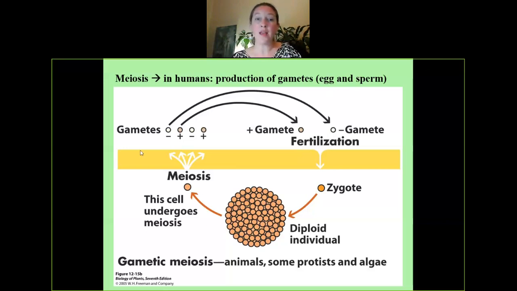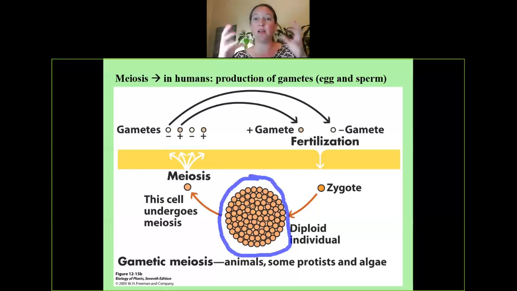And so here's a schematic showing that. Let me walk you through this schematic so that it makes sense. So here is a representative of, let's say, a tissue of cells in the testes, a diploid individual.